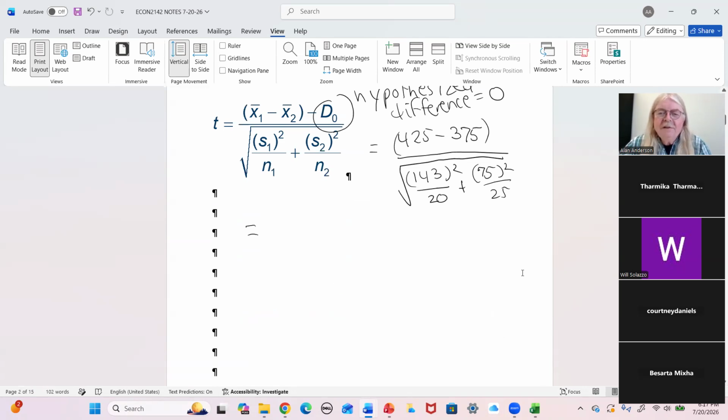So for something like this, you might want to consider doing it in two stages. I think that's what I'll do right now because we don't want to waste too much time with mistakes.